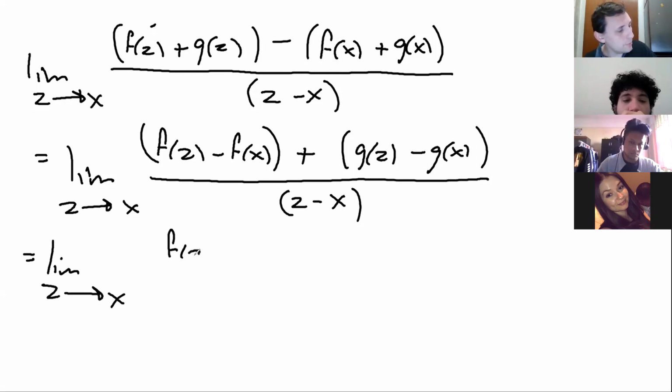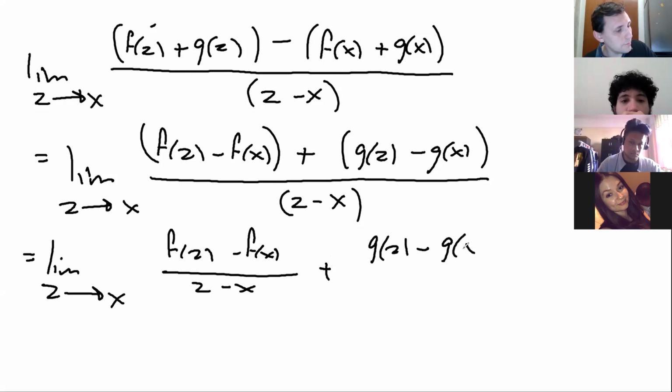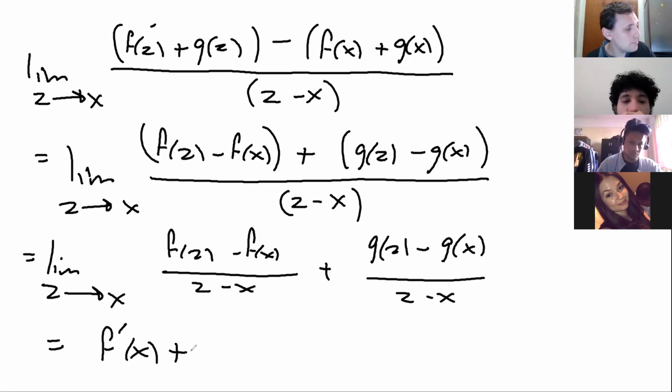So I get f(z) minus f(x) over z minus x, plus g(z) minus g(x) divided by z minus x. And what do I get? I get f prime x plus g prime x.